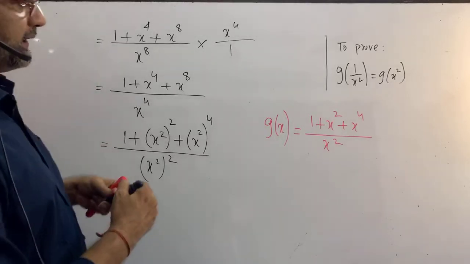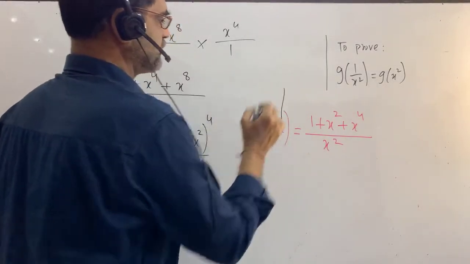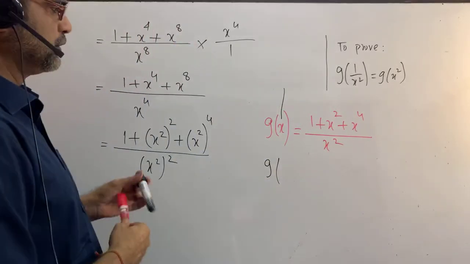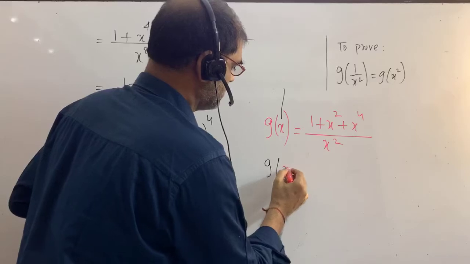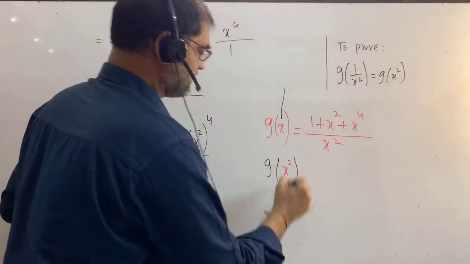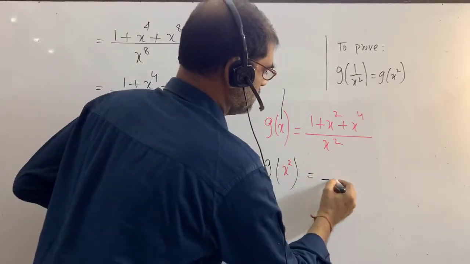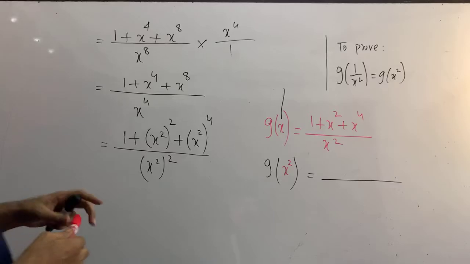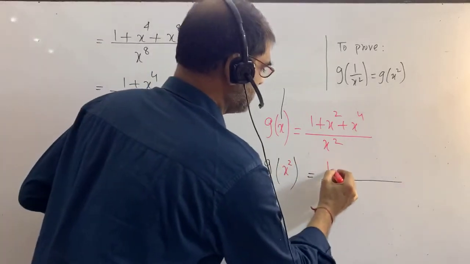suppose if I put here x square for x, I am going to put here x square. You see, for x I am going to write here x square. Then what we will get, you see, this is 1, that's right.